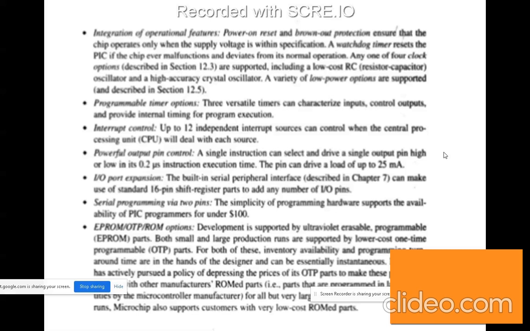And then EEPROM OTP ROM option. So EEPROM OTP ROM option means that is a memory device. Here development is supported by ultraviolet erasable programmable parts. So what is erasable programmable read only memory?